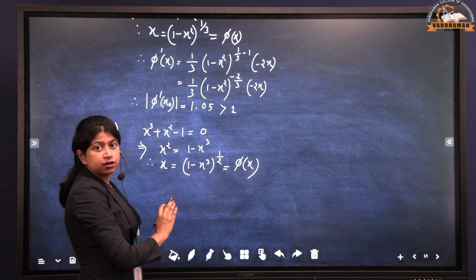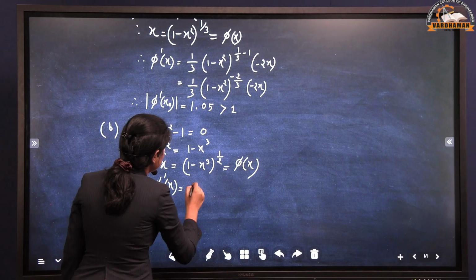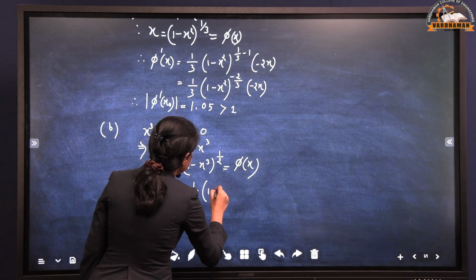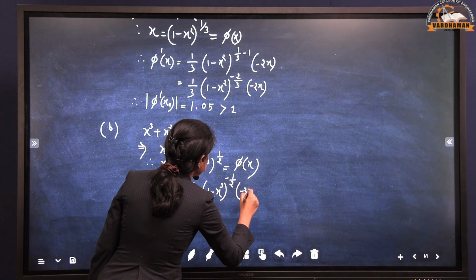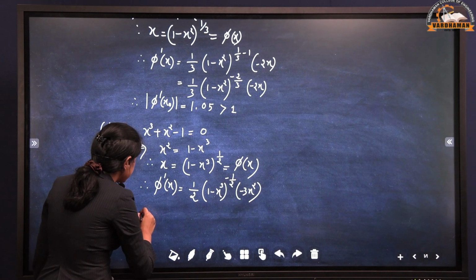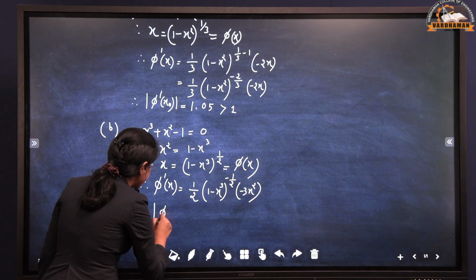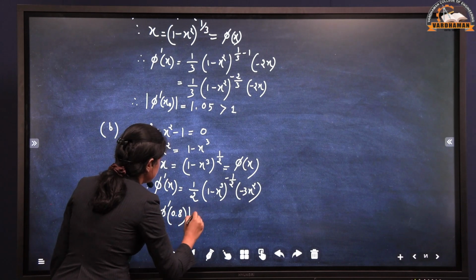Now you need to find phi dash x. So phi dash x, you will get 1 by 2 (1 minus x cube) power minus 1 by 2 times minus 3x square.